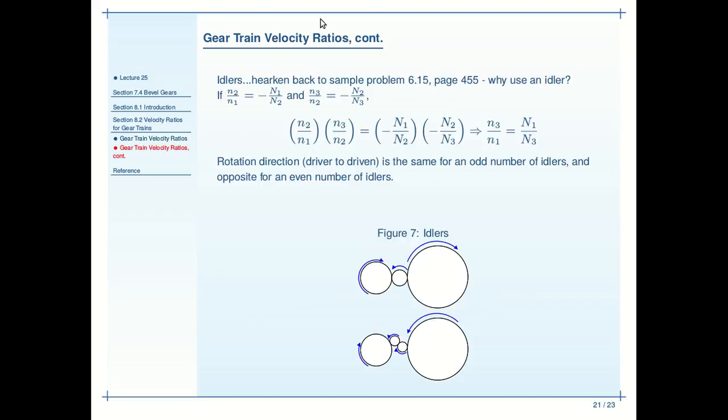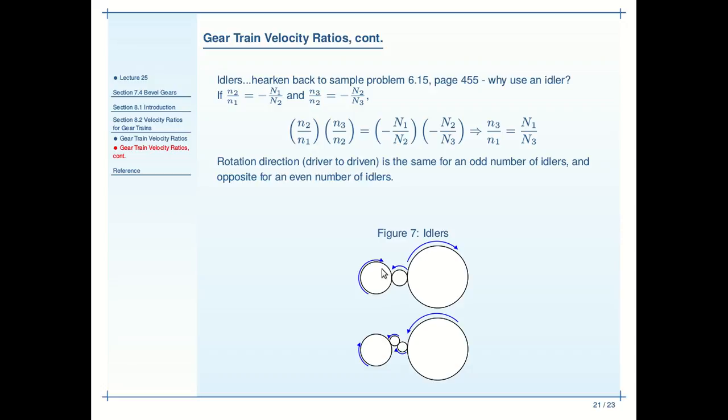So, also we want to remember the concept of idlers as we talk about gear trains. These, again, are oftentimes put in place for multiple reasons. In this particular case, for instance, we might put an idler in place so that our input gear and output gear are turning in the same direction.